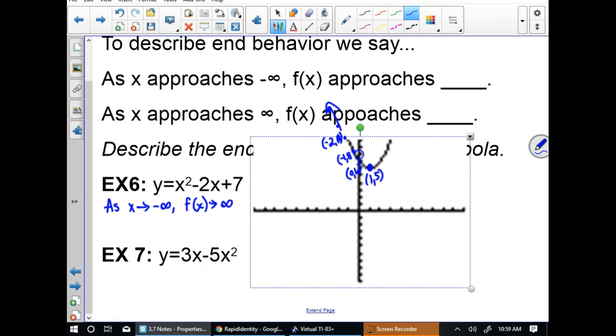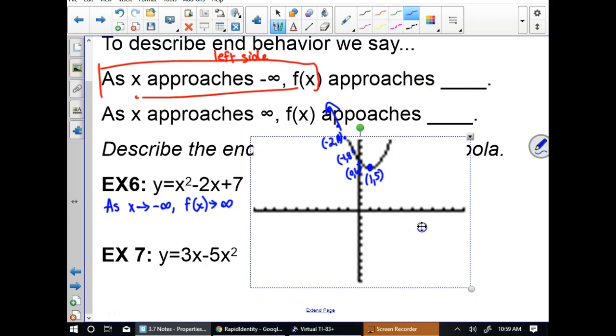Positive infinity. So this right here just means we're looking at the left side, right? And if the arrow goes up on the left side, it approaches positive infinity. If it goes down, it approaches negative infinity.